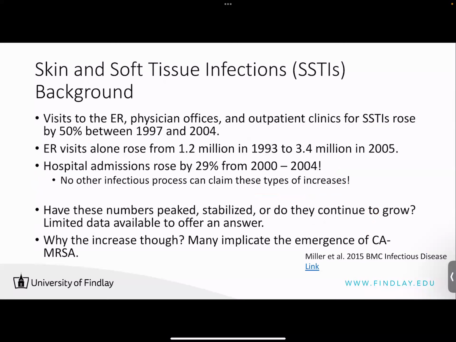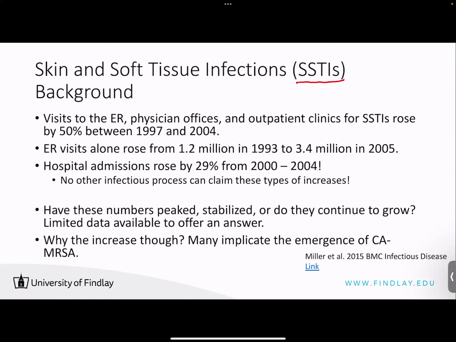Skin and soft tissue infections are by far one of the more common infections that you'll encounter. Many people go to the ER because they have something funky on their leg, their back, their arm, and other places. Other people go to their primary care physician for the evaluation of a lesion on the skin. And they are going up and up in number.